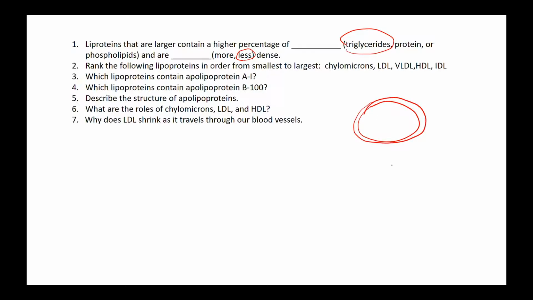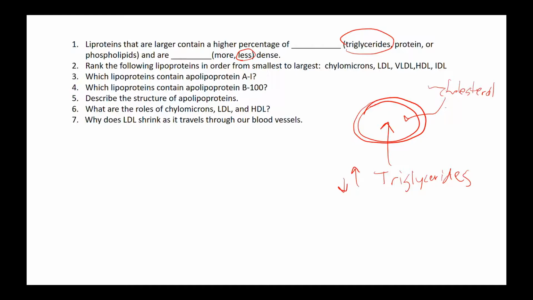Now the interior is going to be full of triglycerides and cholesterol. But they all kind of contain a similar amount of cholesterol, so that doesn't change that much. What does change, though, and goes up or down, is the amount of triglycerides.